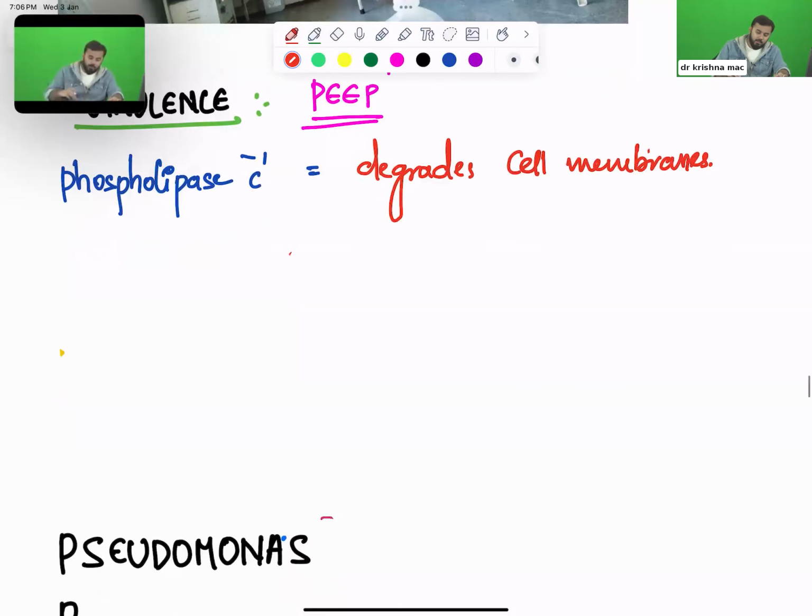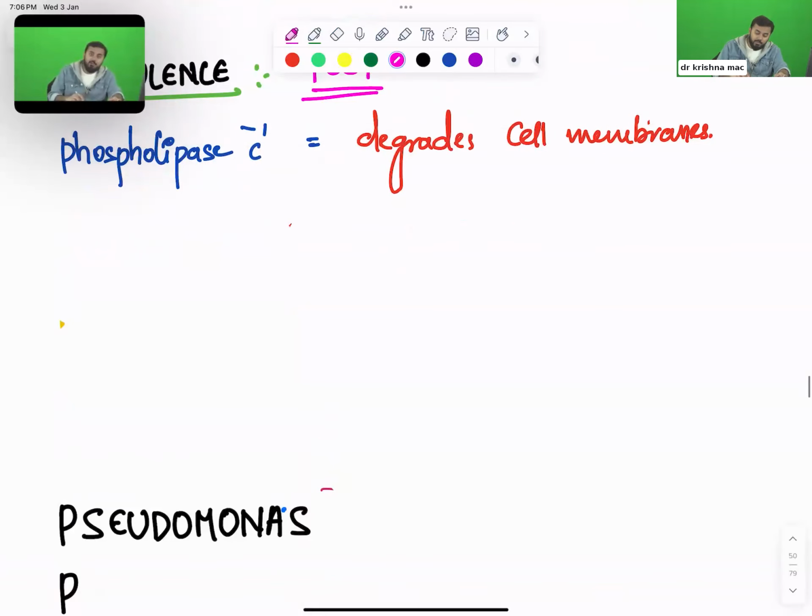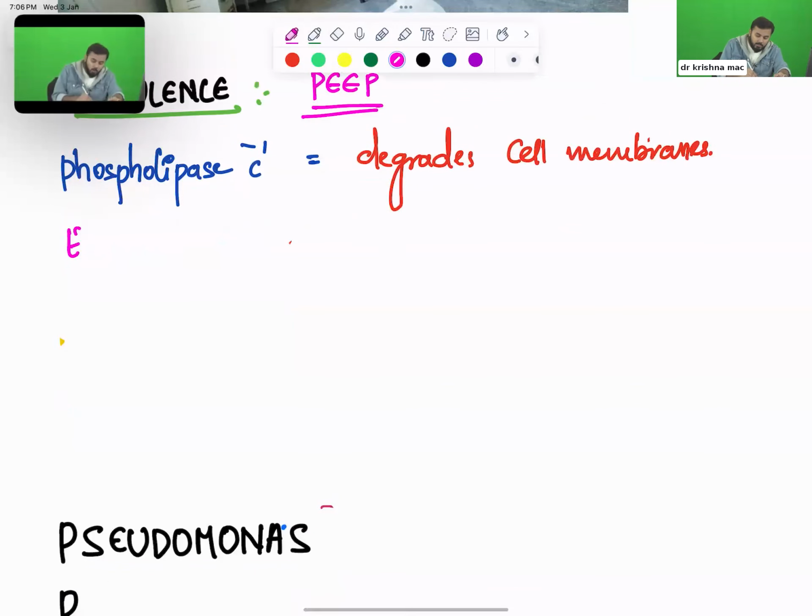Second important thing. What does E stand for? E stands for endotoxin. I won't tell you about endotoxin because we have already discussed it enough, if you remember. Endotoxin causes three important effects. One is it causes fever with the help of interleukin 1.